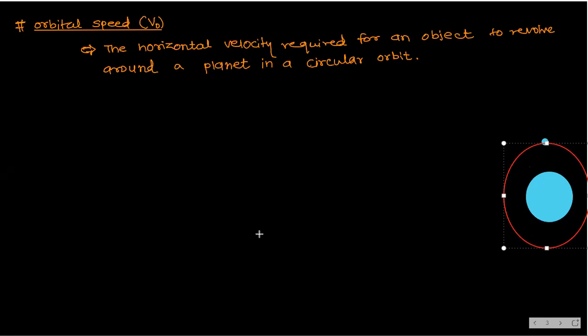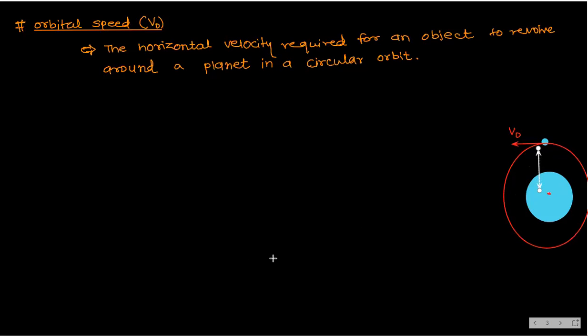Can you see? So this velocity, you see, horizontal velocity, this is nothing but your orbital velocity. And from this center, this complete height is how much?